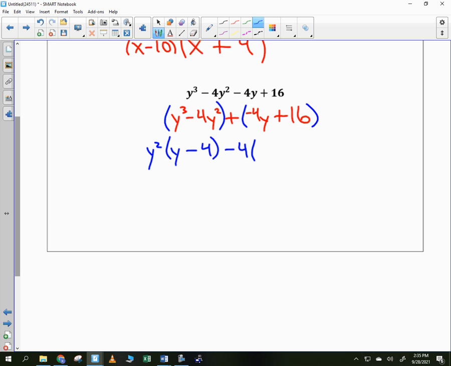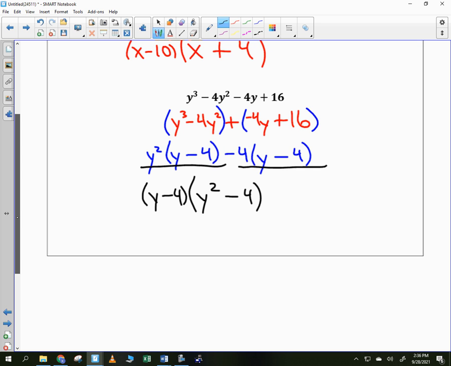And you're left with positive y and a minus 4. What factor do those share in common? I take out a y minus 4. When you take a y minus 4 out of that, what are you left with? y squared. And when we take a y minus 4 out of that, you're left with negative 4.